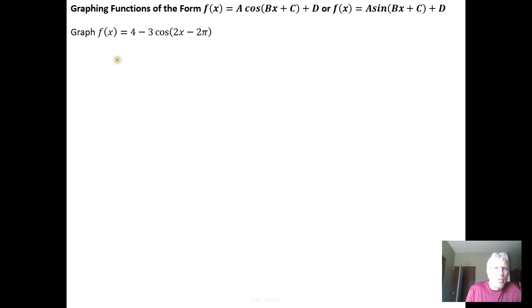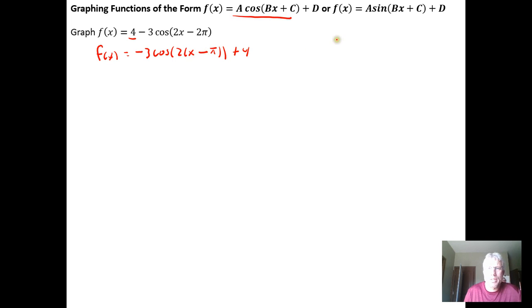So another example, here we have f of x. Let's clean this up a little bit. F of x equals -3 cosine, factor the 2 off so I can see what the horizontal translation is, and then it's plus a 4. So kind of rewriting it in this form, but factoring off the 2 so I can see what the translation is.